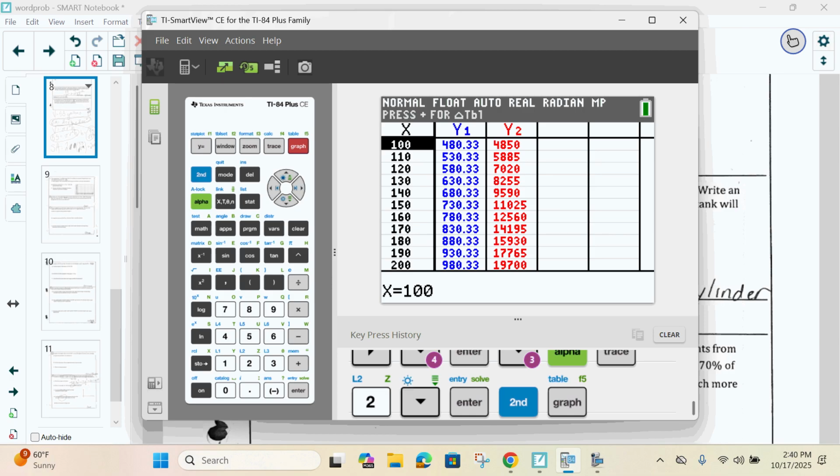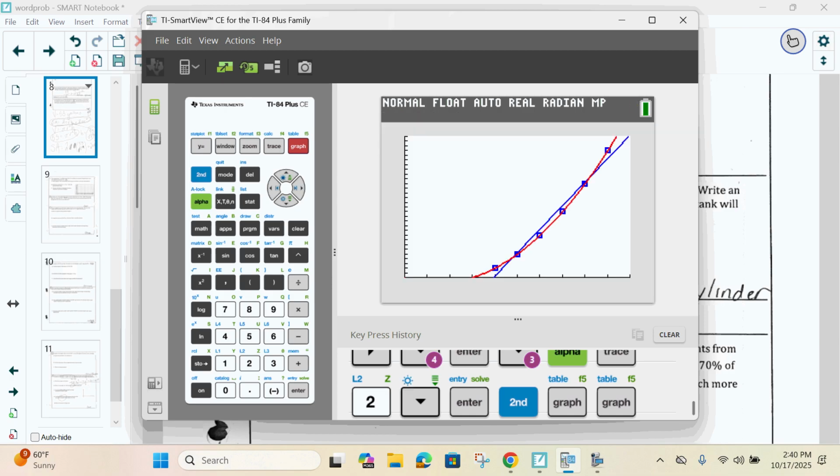But hopefully you see, if I just use my graph, when you look at the red versus the blue, the red's the quadratic, aren't they just going to get farther and farther apart as we keep going higher and higher? So quadratic is the best fit. Linear is good for these 6 points, but as we get higher, it's going to be way, way off. Okay?